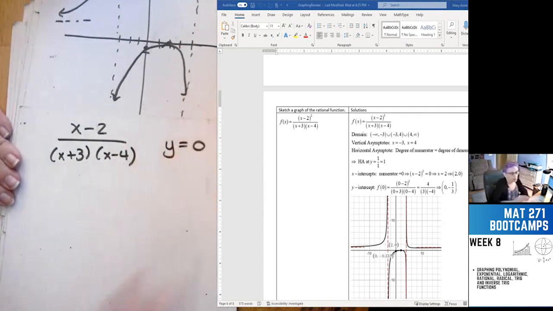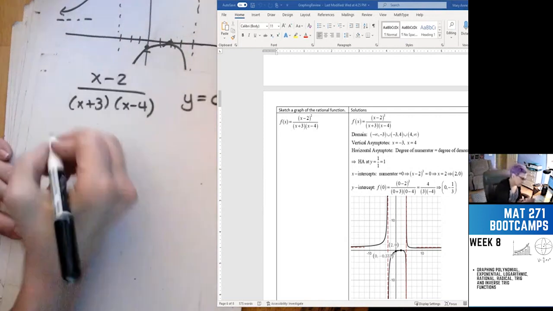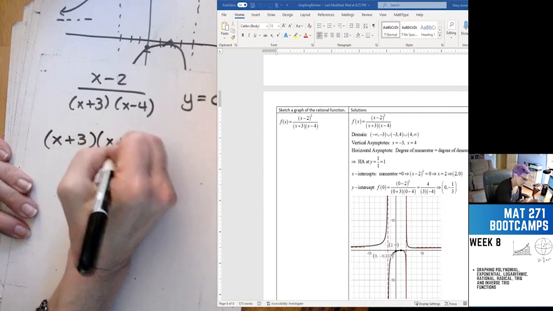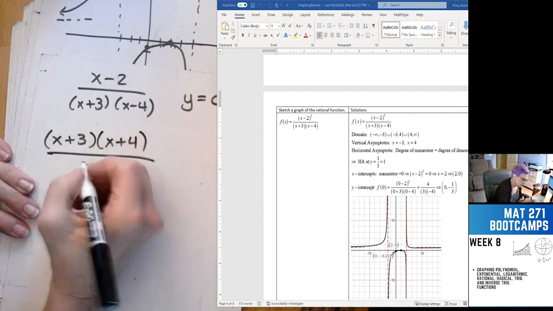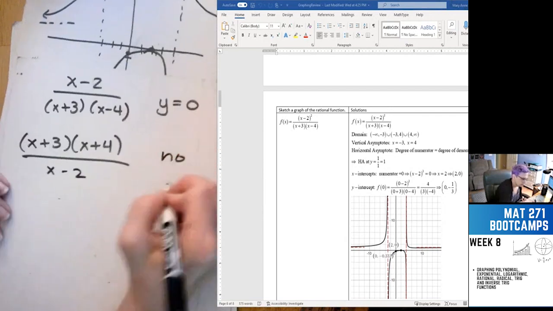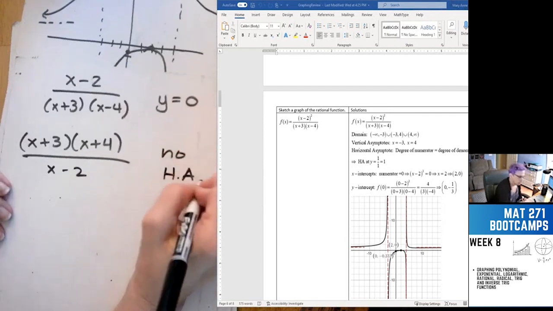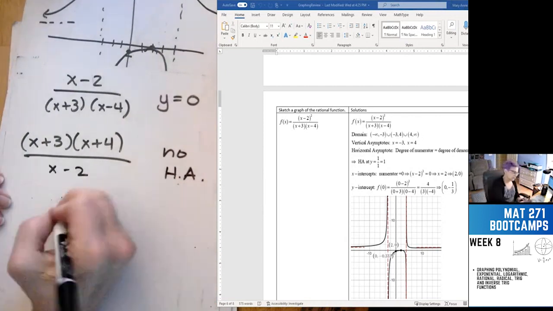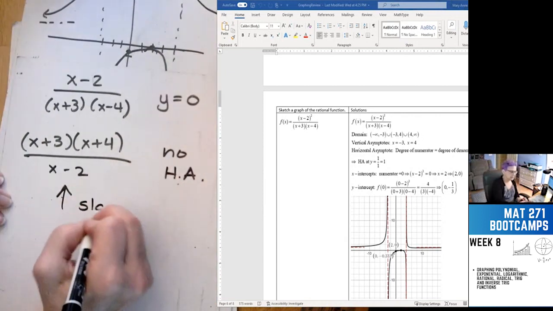So your horizontal asymptote would be the x-axis. And if you had it upside down, more x's on top than you have on bottom, then you have no horizontal asymptote. This one would be a slant asymptote.